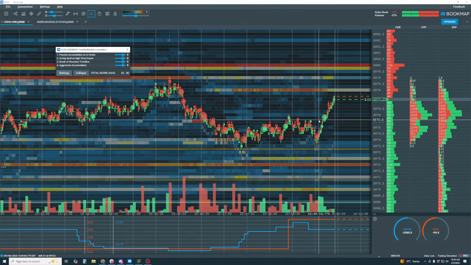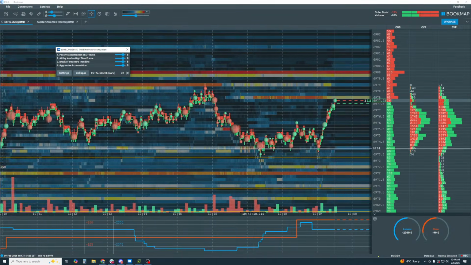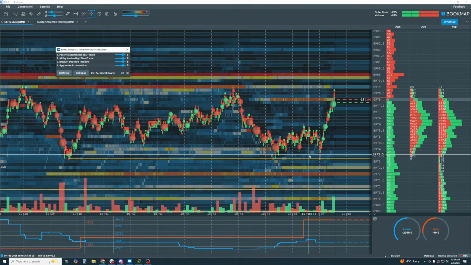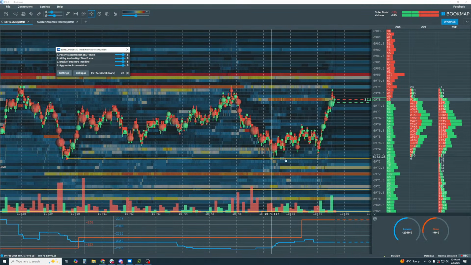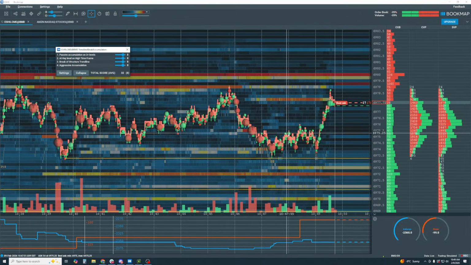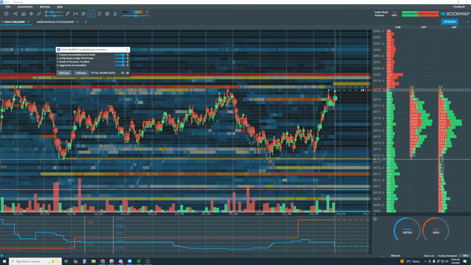All right, and now again, if this was the move down to this level right here, I'll miss it. That's it, I'm fine with that. I'm not willing to get in on this in here. I'm not willing to take the risk. I mean, you've got a low volume node down here.